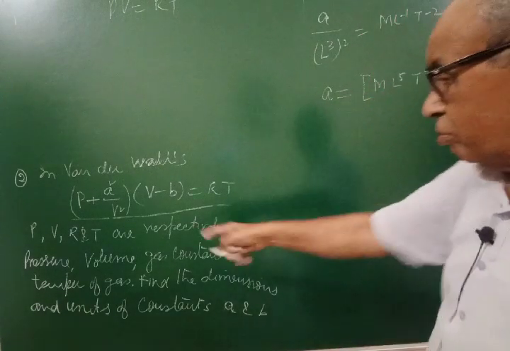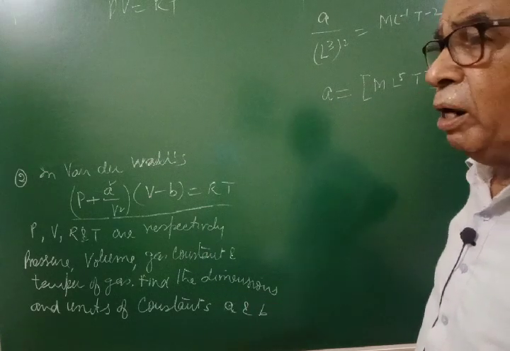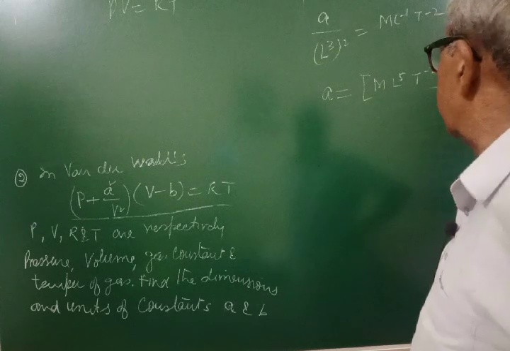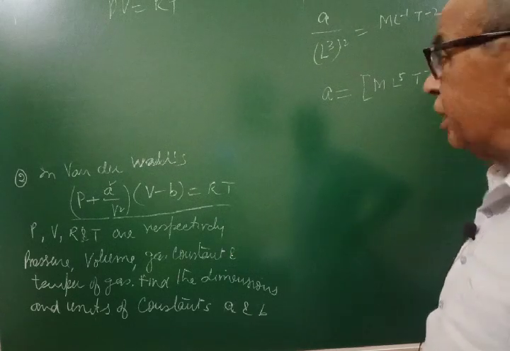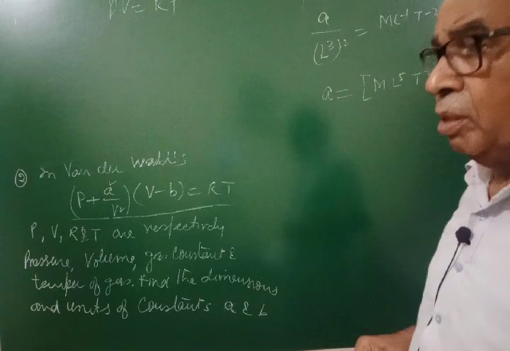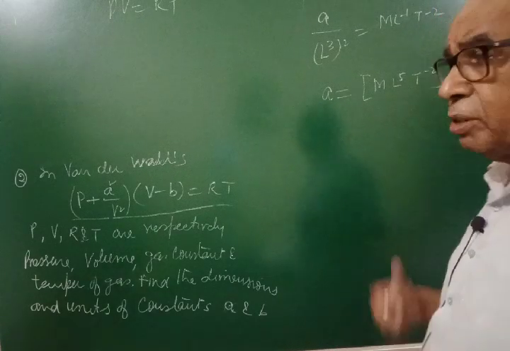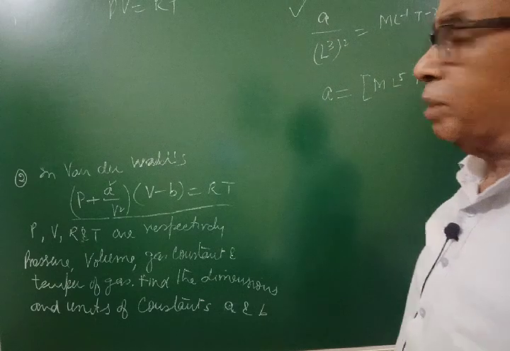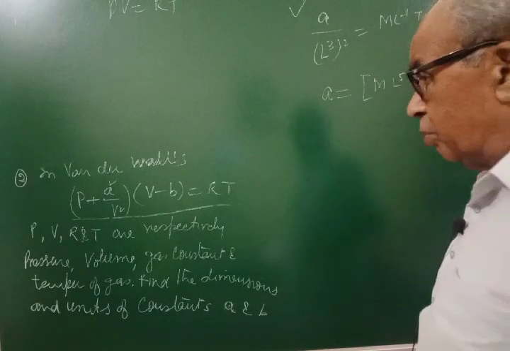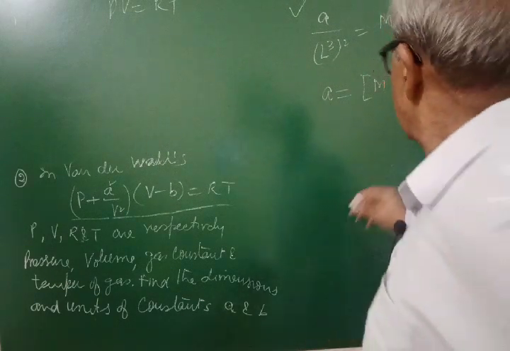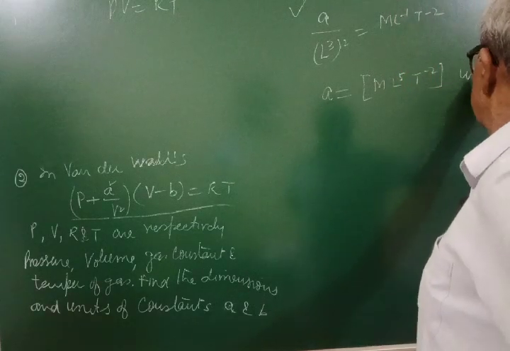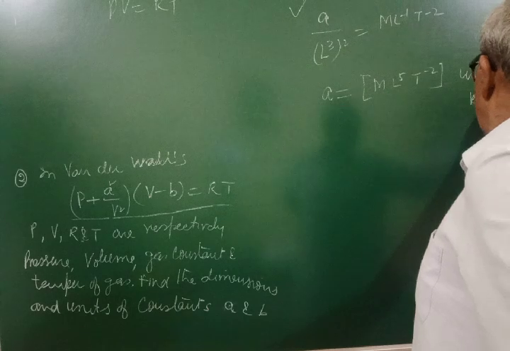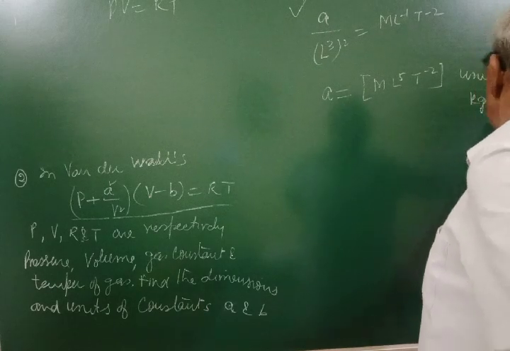I was surprised in one exam. Actually, this question was asked in the All India PMT exam, and 90% of students did this wrong. In my teaching life, I have been telling this question to every student, but probably the students do not listen carefully. Now, what is the unit? kg meter^5 second^-2.